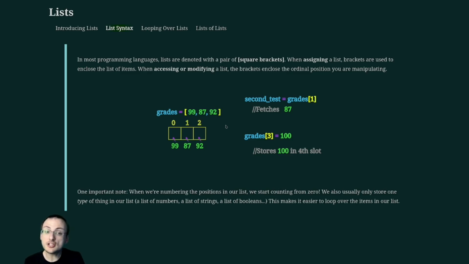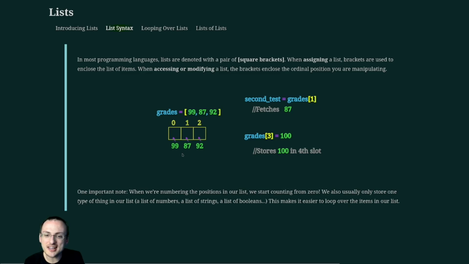If we want to use one of these lists, we use square brackets again, but they change meaning a little bit. If we want to fetch something out of the list, access a value that's already there, the way that we do that is we put the name of our variable, like any other expression we've used, any other time we've used variables, but right after the name, we put square brackets and then the number of the position we want.